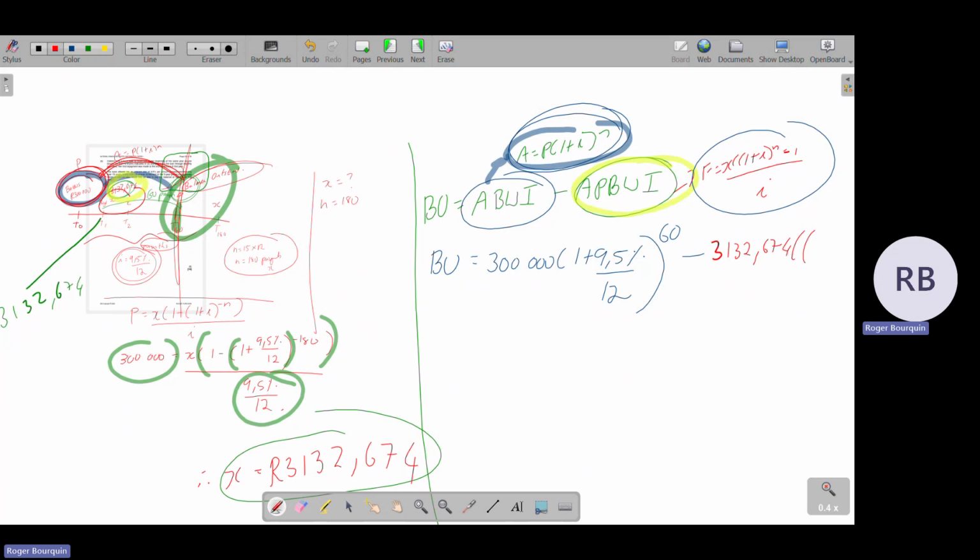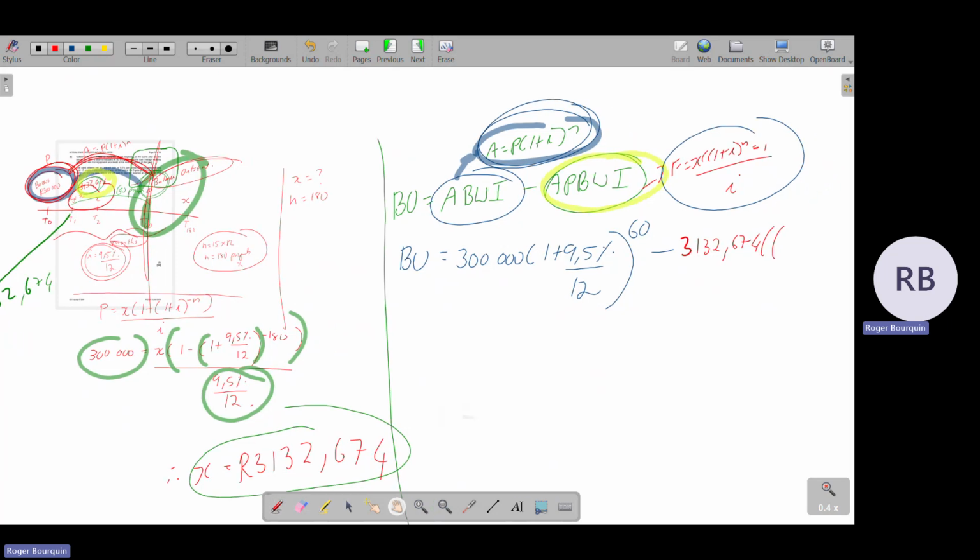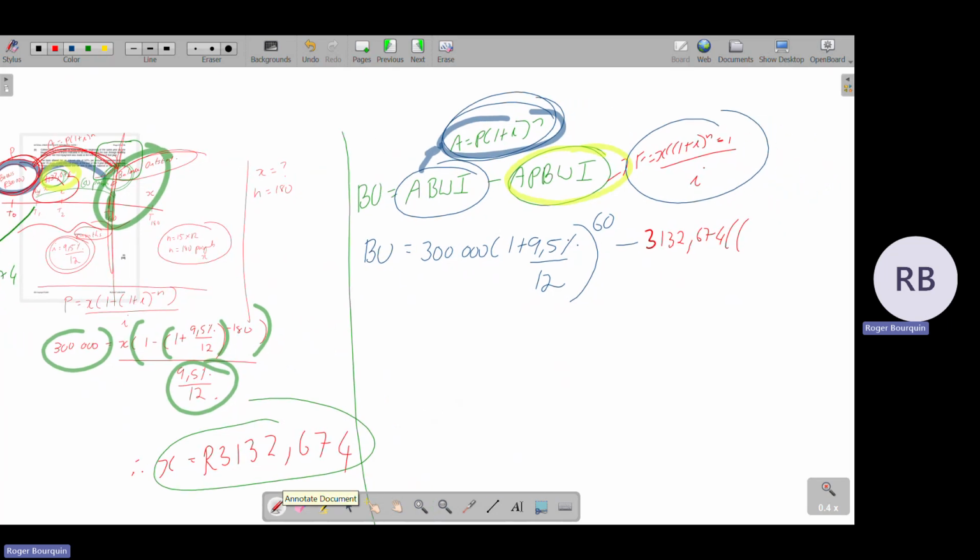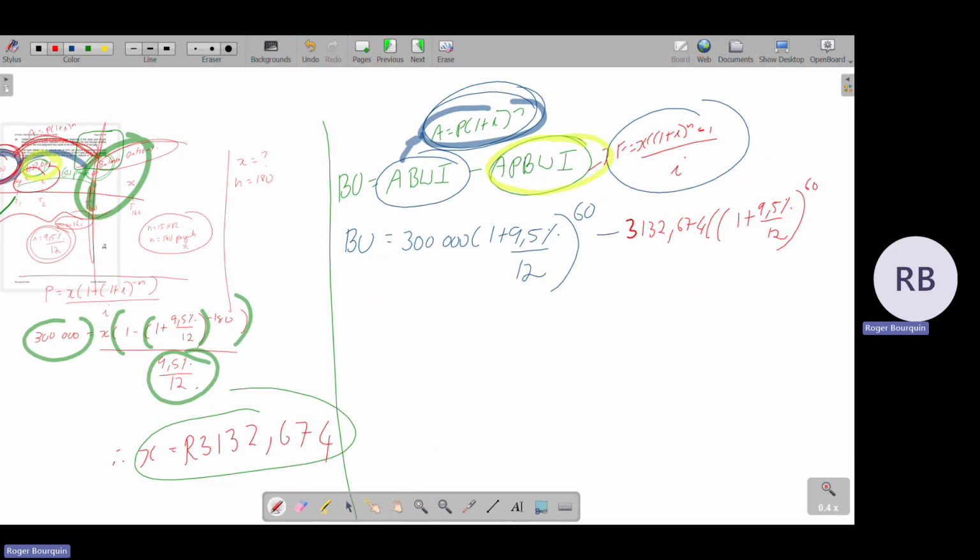Two brackets. What's the interest rate? 1 plus 9.5% over 12. And how many payments had you made up to that point? 60 payments, right? Minus 1, all over i, which is 9.5% over 12.